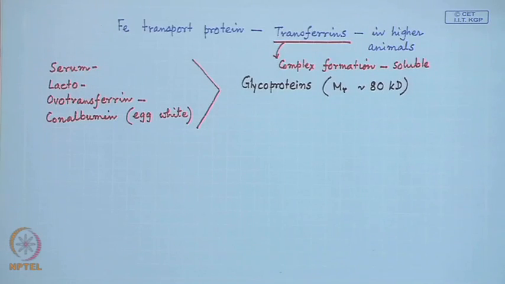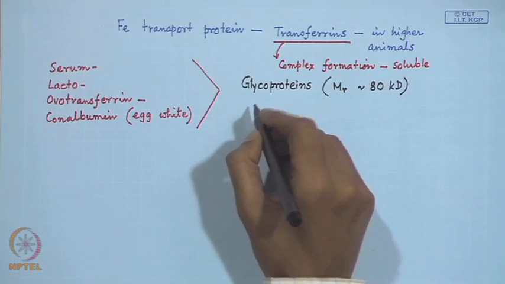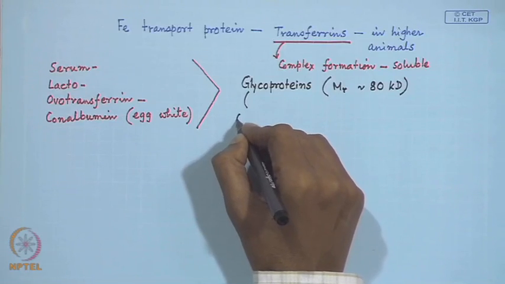So, molecular weight can be determined also, and these are therefore proteins that contain what? Glyco means they have oligosaccharide chains.